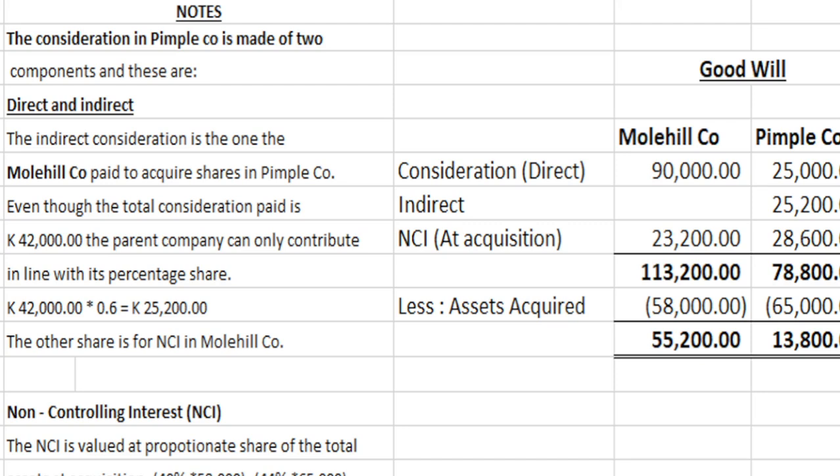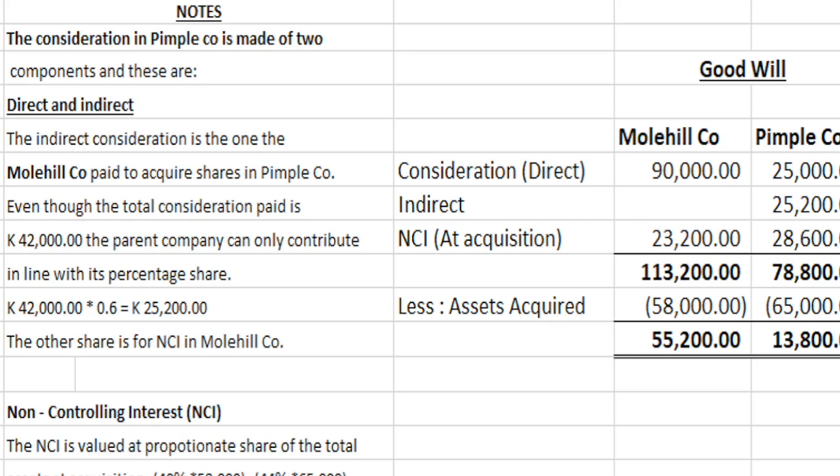The parent company here, Hope Company, owns 60% because it acquired 60% of shares in More Company, and therefore when buying shares in Pimple Company, you as a parent are going to pay 60% of this 42,000 kwacha, which is 25,200 kwacha. So you don't have to leave this one out because you also contributed when acquiring shares in this other company. You have to bring it down here as the consideration you paid.